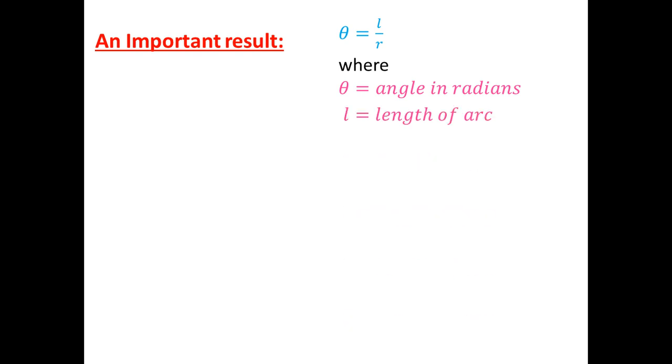Now, one important result. Theta equal to L by R, where theta is angle in radians, L is length of arc, and R is radius of circle. This is your circle.